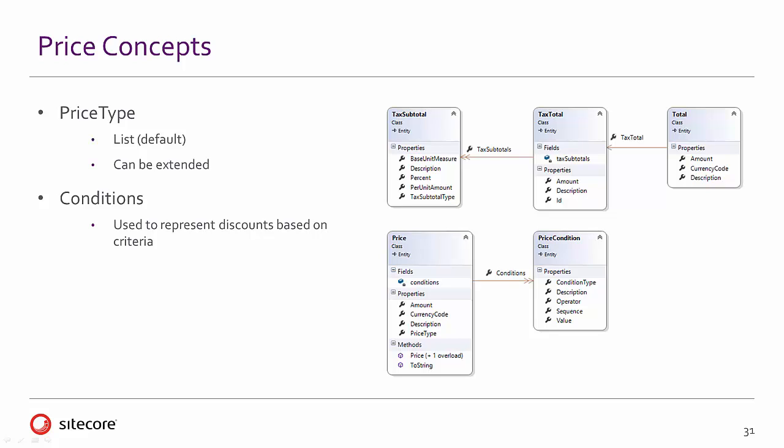Interestingly enough, in the case of our NOP Commerce example, the model is expecting a price type, but NOP Commerce itself, out of the box, doesn't have anything other than the list price. And so we're actually hard coding that list value into the model and the API calls that we're making to NOP Commerce.